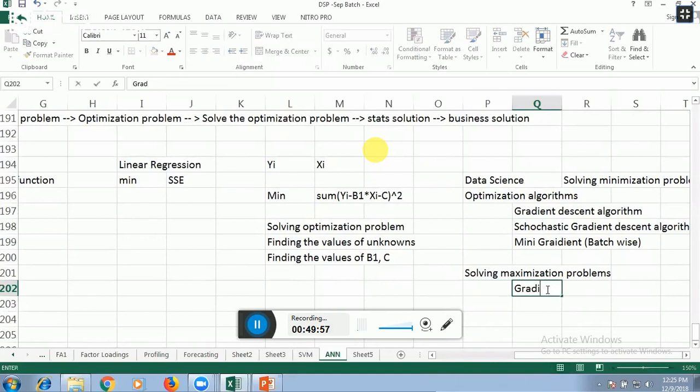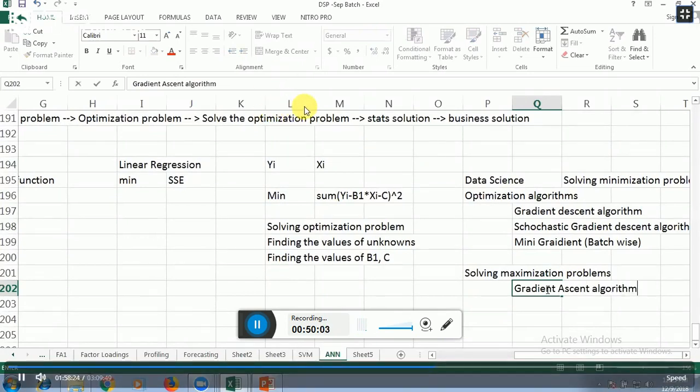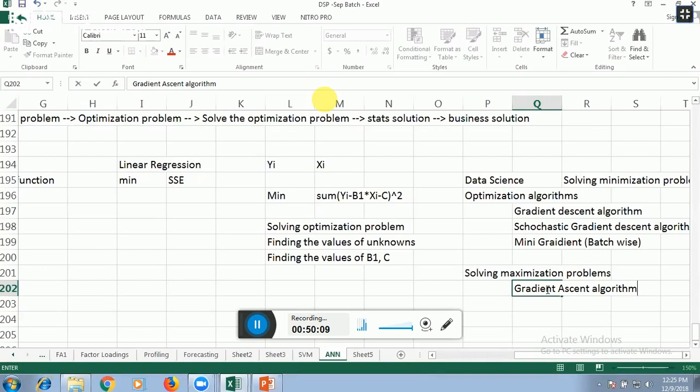This is just similar, the only thing is it is the opposite. And similarly, stochastic gradient ascent algorithm, and instead of mini gradient descent you will have mini gradient ascent. So maximization problems you will solve with this, minimization problems you will solve with that. Are you clear now? Okay.